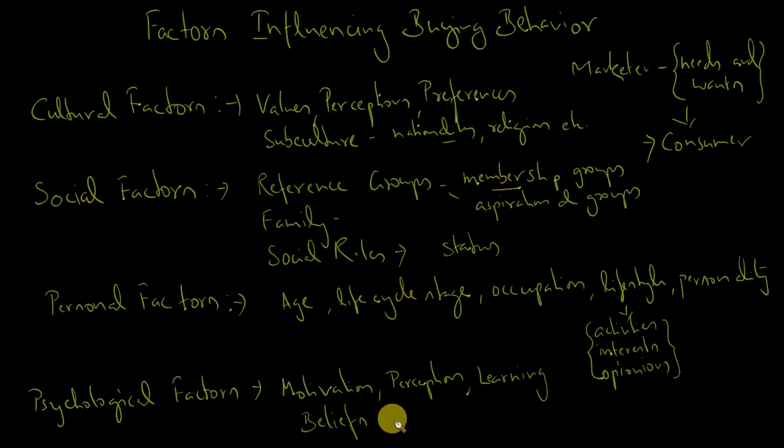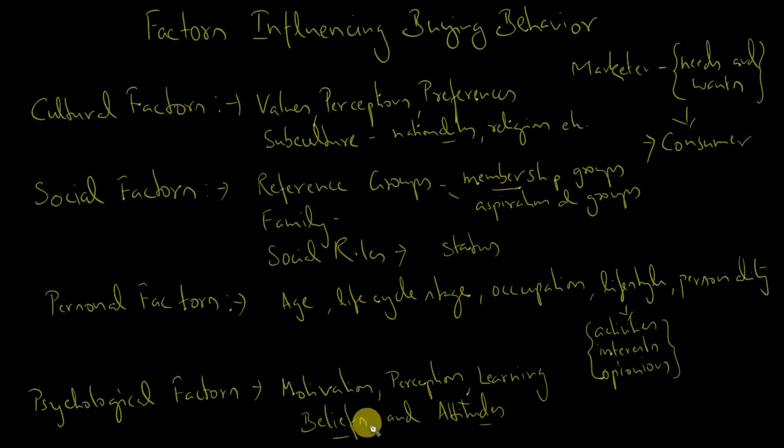There can be other things under psychological factors like beliefs and attitudes which affect the purchase behavior. A belief is a descriptive thought that a person holds about something. Attitude is a favorable or an unfavorable cognitive evaluation, feeling, or tendency towards an object or an idea.